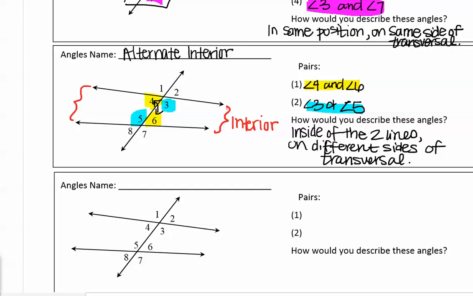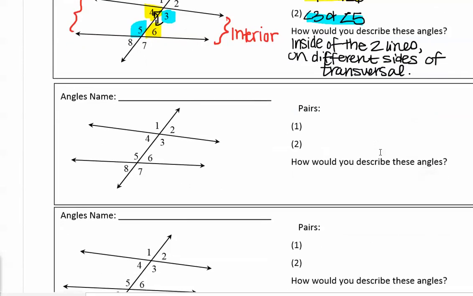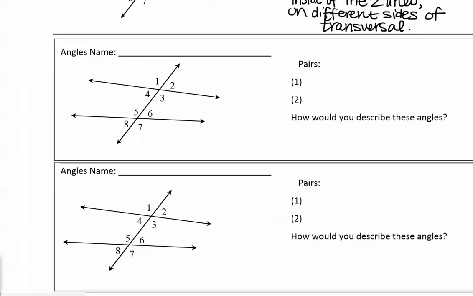Okay, we have a similar pair, which is our next pair. This is only going to look at the outside. Okay, so if this is the interior, this right here and this right here, these are known as the exterior angles.